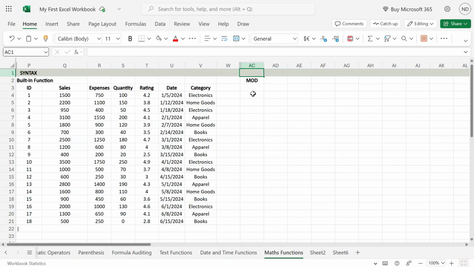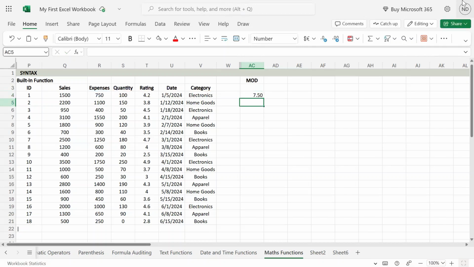If you remember, we have done the arithmetic operators where you divide, suppose I want to divide the expenses, to know how much expense I incurred per quantity. So I get 7.5.